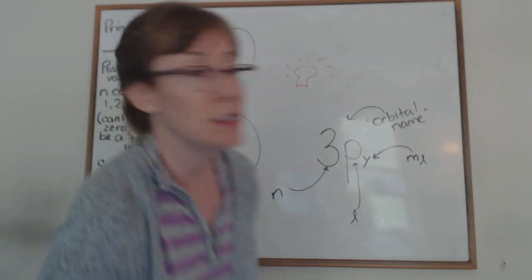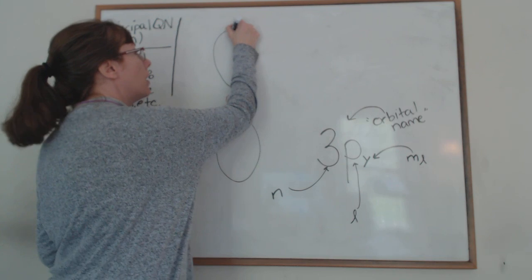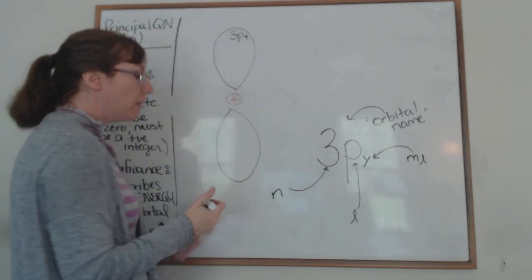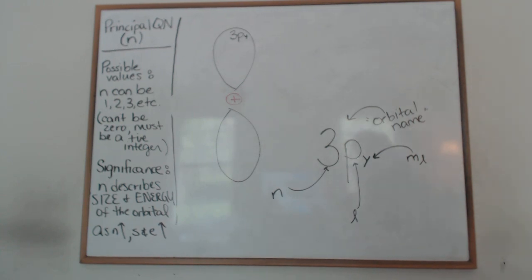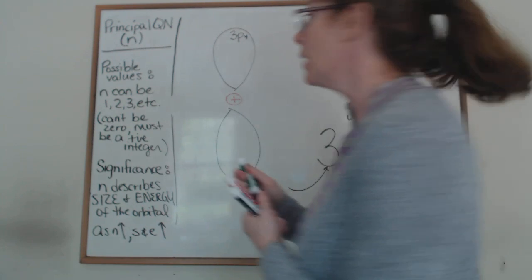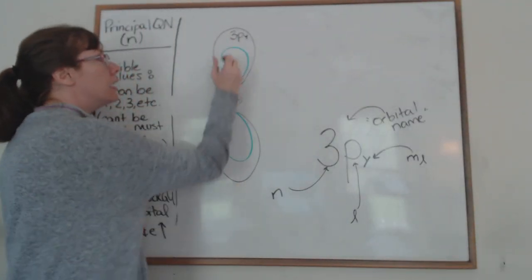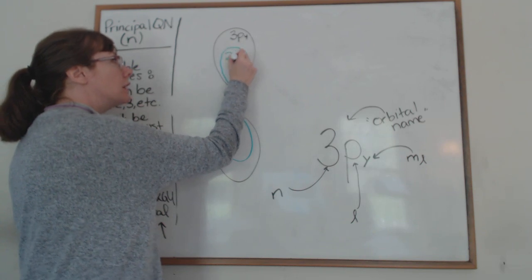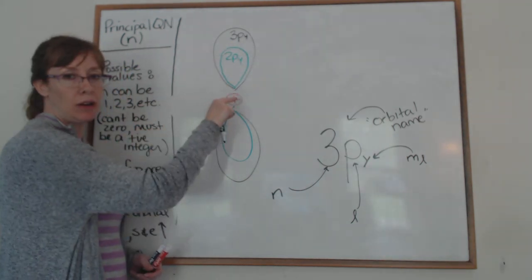Whereas if someone was to superimpose, okay, that's the 3py, what does the 2py look like? It would look like this. Same shape, same orientation, just a little bit smaller, and that's my nucleus right there.